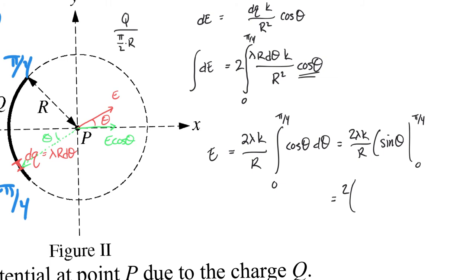I'll have q over pi over 2 times r, times k over r. And here it's going to be the sine of pi over 4 minus the sine of 0. So the sine of pi over 4 is just 1 over the square root of 2.